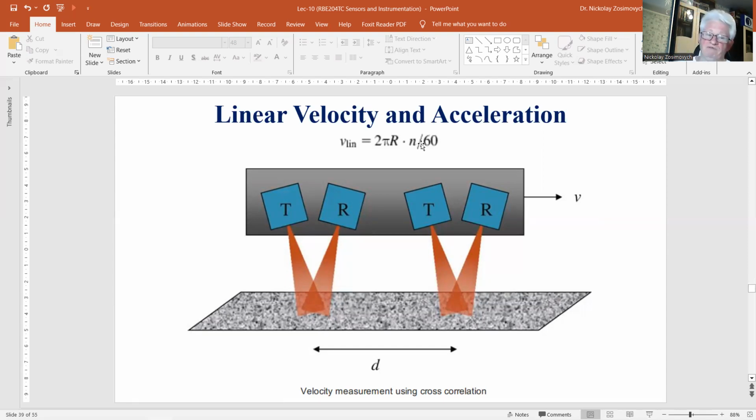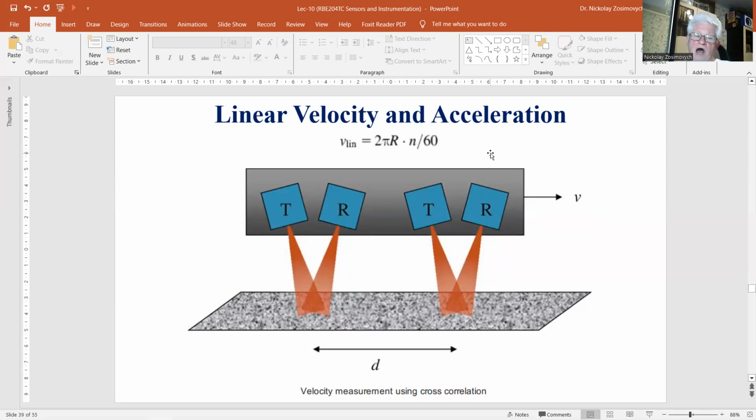The velocity of a vehicle, like car, train, and mobile robot, is often determined from the rotational speed of the wheel, obtained by a tachometer, for instance. Let's look at this equation here, please. We can see in this, where n here is the number of revolutions per minute and r, capital, the circumference of the wheel.